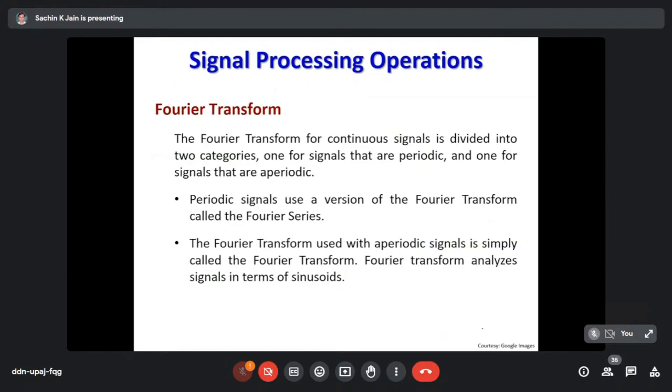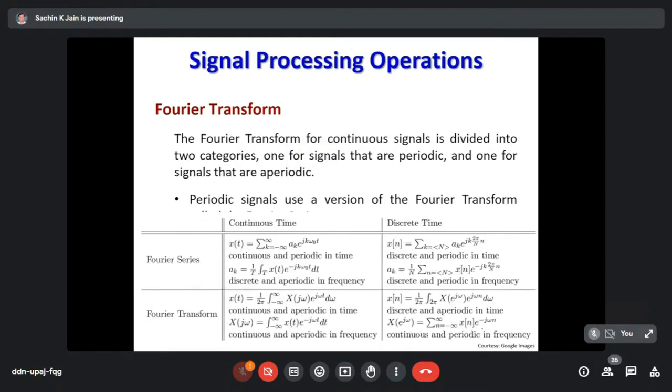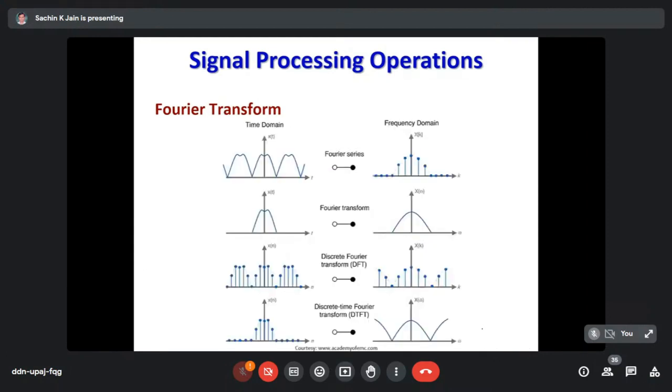Now you might have heard about the Fourier series, Fourier transform, and discrete Fourier transform. Often we get confused about them, so again I am trying to use one visual representation of what the Fourier series, Fourier transform, DFT, and DTFT are. They all transform a signal from the time domain to the frequency domain, but which to use depends upon the type of time domain signal and the type of frequency domain requirement.